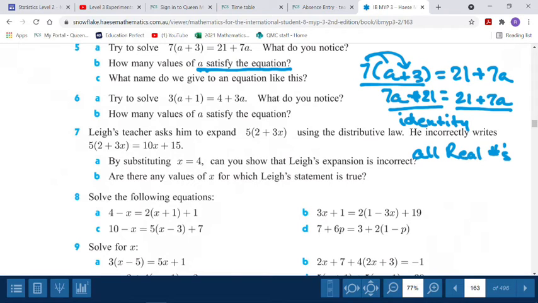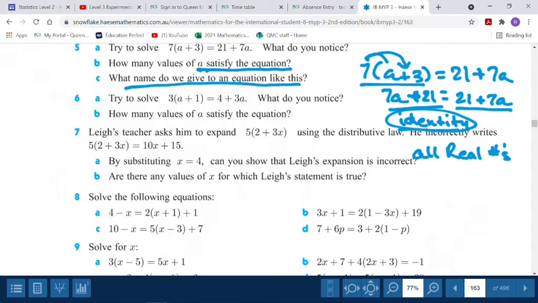All of them. There's an infinite number of solutions. And what name do we give an equation like this? It's an identity. You will need to use that word on the test, so you need to identify it as an identity.